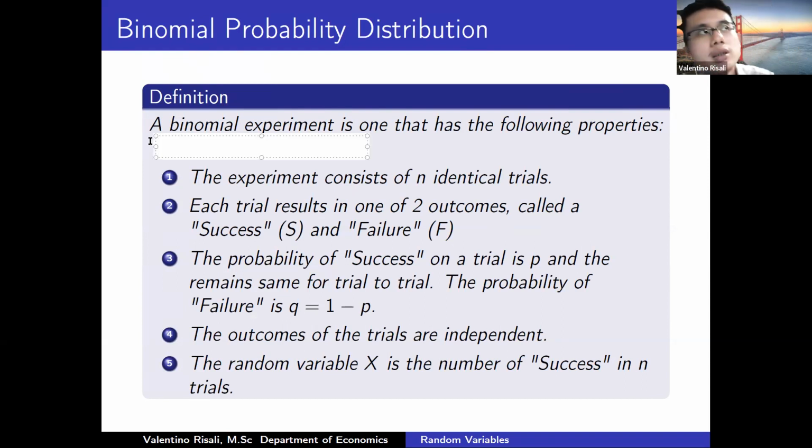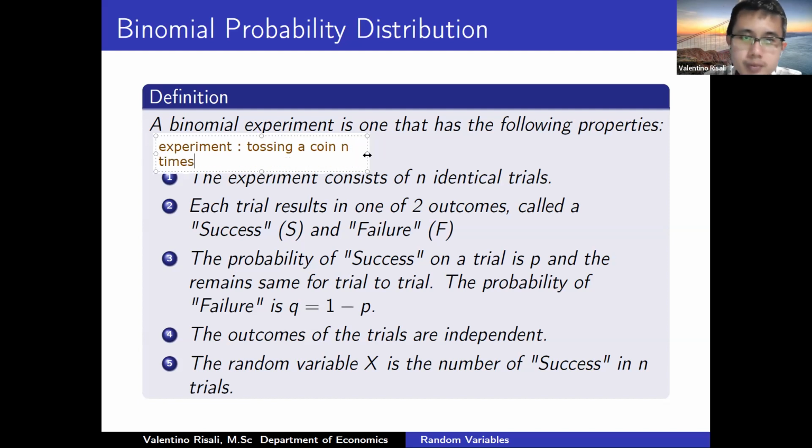A simple example of a binomial experiment is tossing a coin n times. We have a coin and then toss it n times. Identical means the conditions of every tossing are the same.